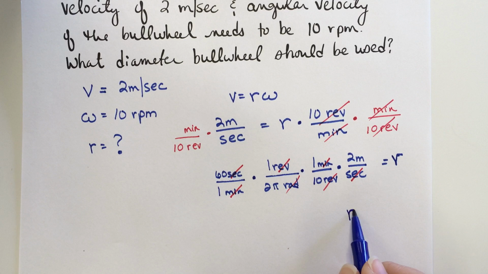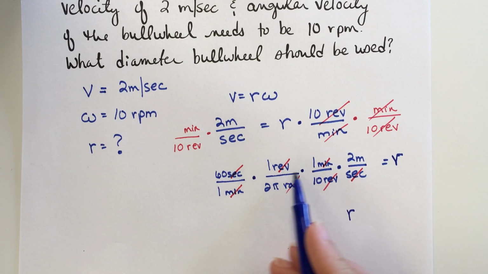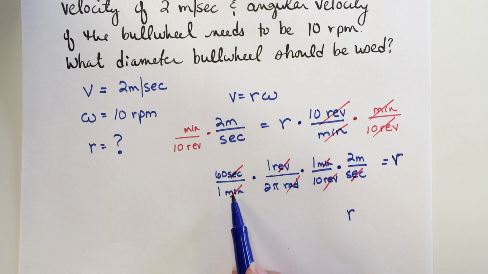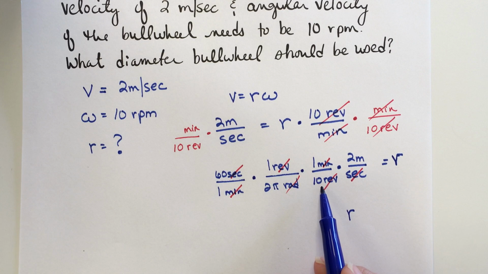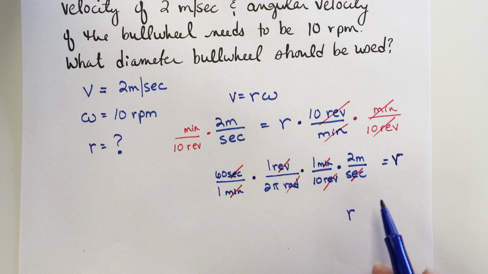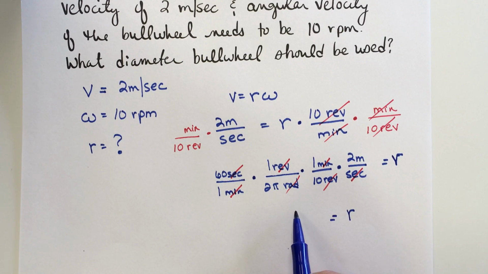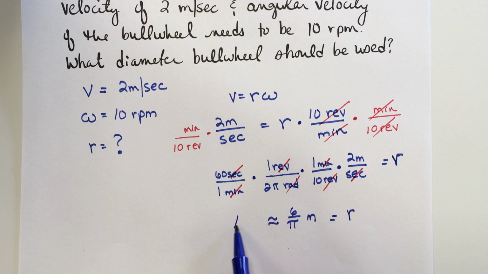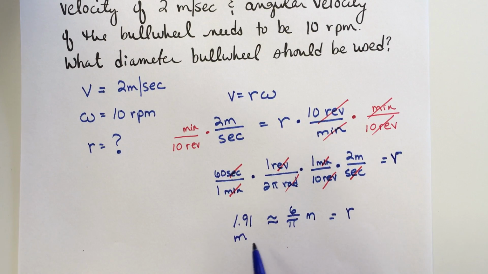So if you do your 60 times your 2, and then divide that by 2 pi radians. Now, as far as an exact answer, you're going to get 6 over pi, so that would be 6 over pi meters, which would be equivalent, of course you can put it in your calculator, 1.91 meters.